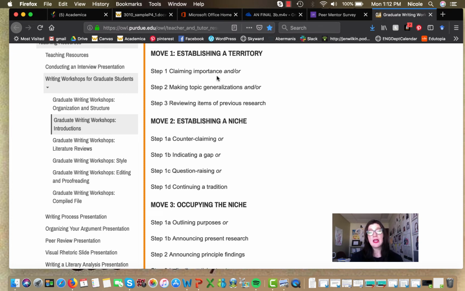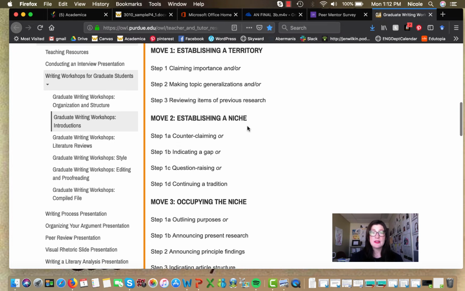So this is claiming importance for this research, or making topic generalizations, or reviewing items in previous research, or some combination of those three. So you've got to establish where you're at in the existing literature.